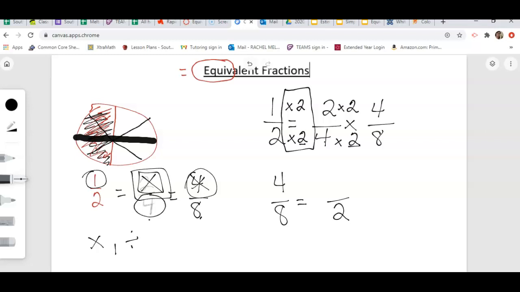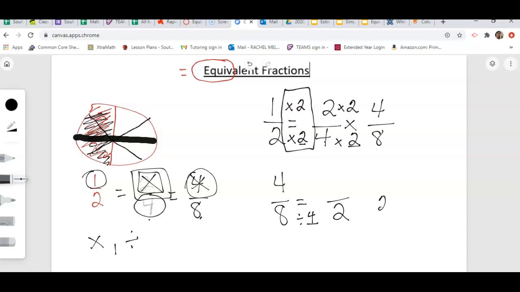Well, in this case, I'm going from a bigger number to a smaller number. So I'm not going to be multiplying, I'm going to be dividing. So 8 divided by what number is 2? You can also think of it backwards if you want. 2 times what is 8? That would be 4, right?